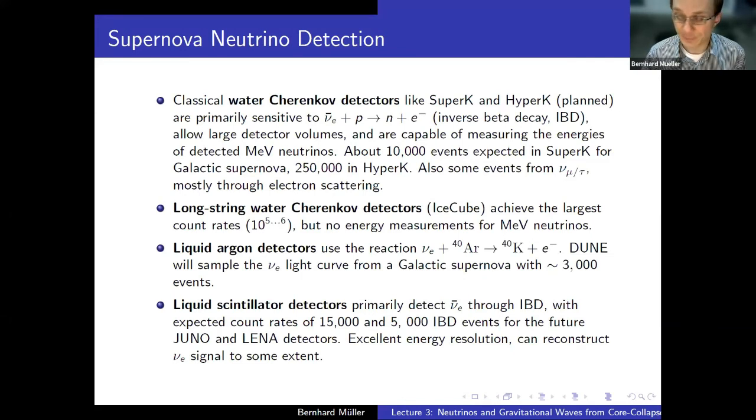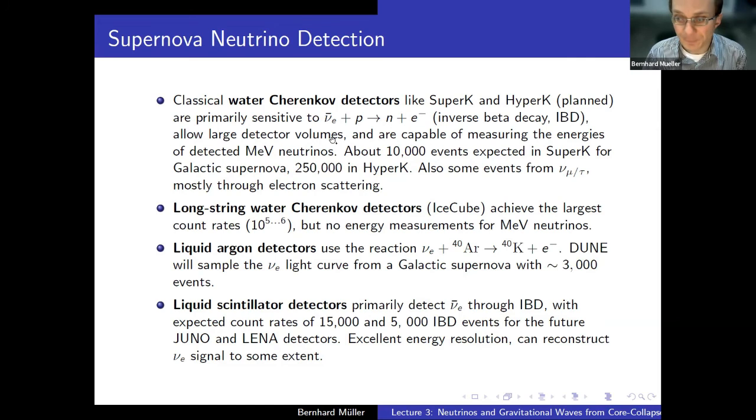So captures of electron antineutrinos on protons that make neutrons and positrons. With these, you can construct large detector volumes. Water is quite nice to handle. And by measuring the Cherenkov radiation from these electrons, you can reconstruct the energy of the neutrino responsible for the event.